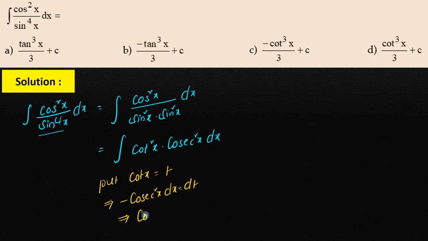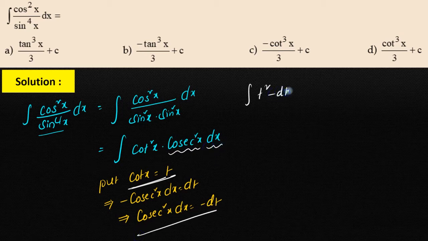This implies cosecant square x dx is equals to minus dt. Now integration becomes integral cot square x, that is cot x is t, square, into cosecant square x dx is equals to minus dt.